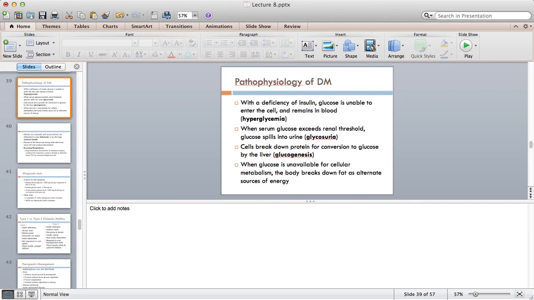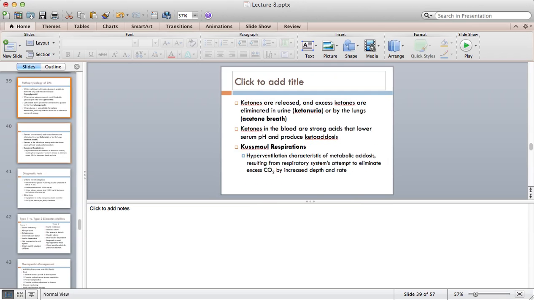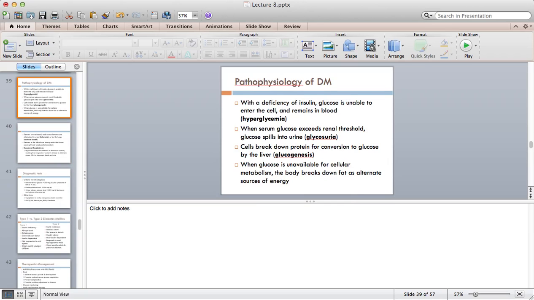The insulin is really lazy and didn't do its job because there is not enough, as in type 1, or in type 2 there is enough, but for some reason there is that resistance to insulin, or something is preventing that insulin from doing its job the way it should. So now you have excess glucose in the stream. Now, with that hyperglycemia, that's a lot of glucose in the bloodstream.